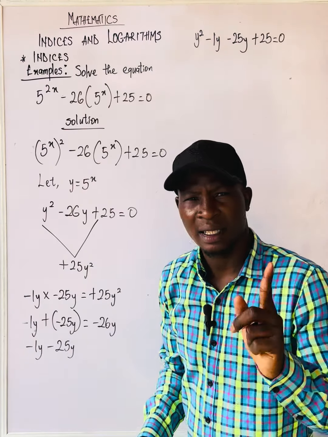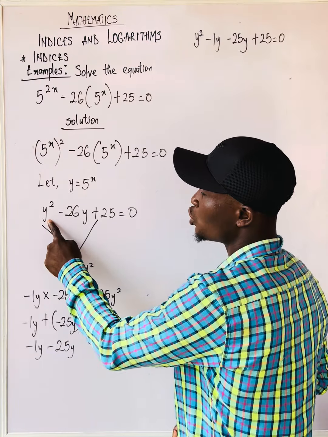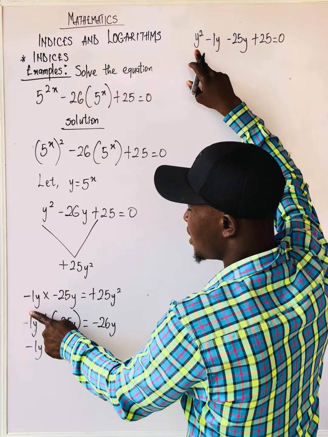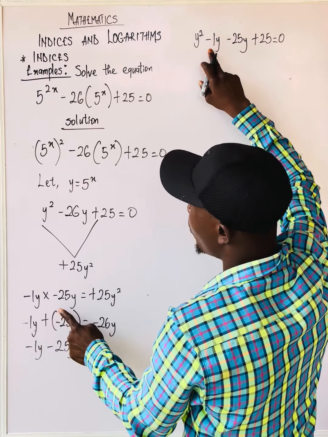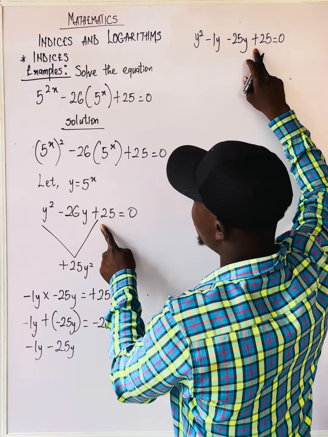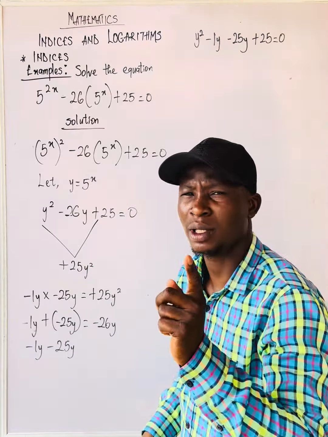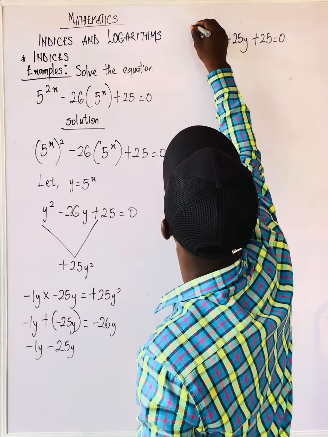I hope you understand. Let me come again. After you've gotten the two numbers, you pick the first thing in the equation, which is y squared. Then the first number you used, minus 1y. The second number, minus 25y. Then the last number in the equation, plus 25. You throw away the middle one, you don't need it again. Then all equals 0. So you take a bracket like this.